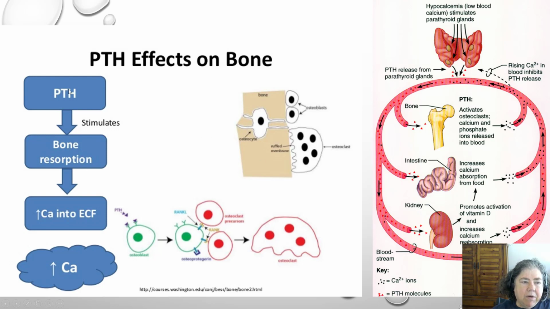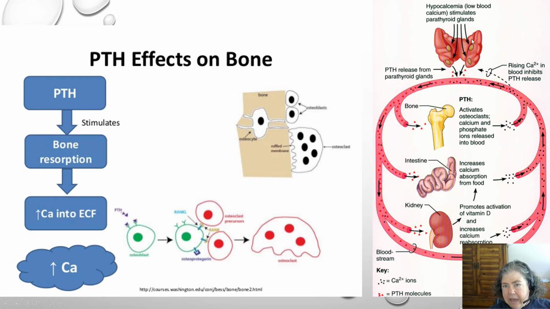The parathyroid hormone binds to osteoblasts, causing an increased production of osteoclasts, which then go and chew up bone, releasing the calcium and the phosphate into the extracellular fluid. And therefore, calcium levels go up. And those higher calcium levels, remember, have a negative feedback onto parathyroid hormone.